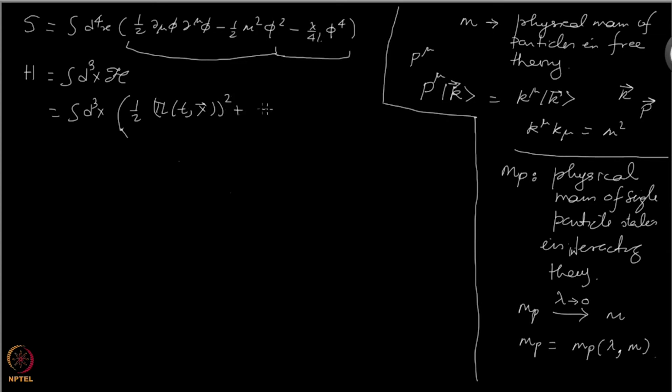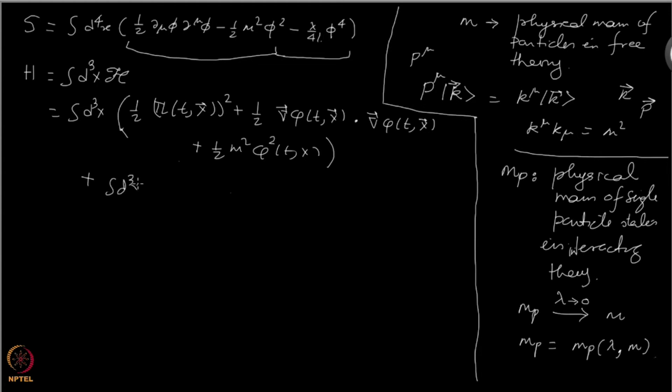You get this plus half gradient of phi dot gradient of phi, plus half m square phi(t, x) squared, plus one more term, which is lambda over 4 factorial phi(t, x) to the 4.